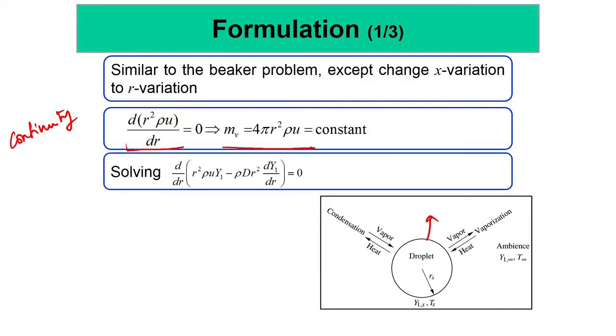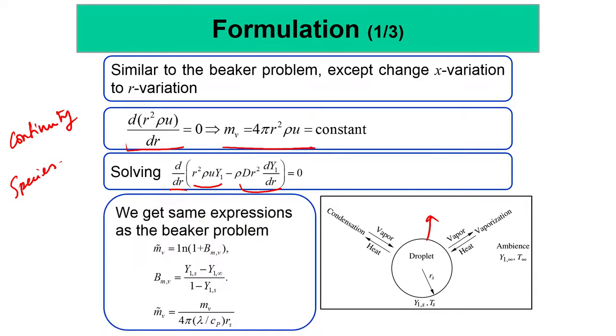And then we can solve the species conservation equation. Once again, this is the equation. This comes from the convective velocity, this comes from the diffusive velocity, and these two will give you the species velocity, and we can integrate it, just as we did in the previous class for the beaker problem, and we will get the same thing.